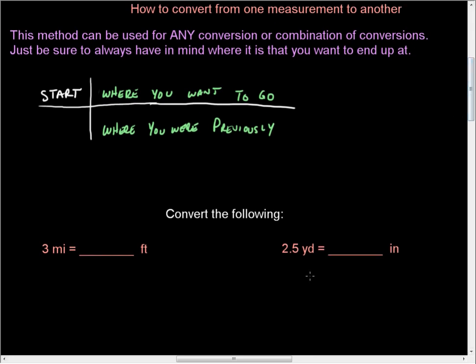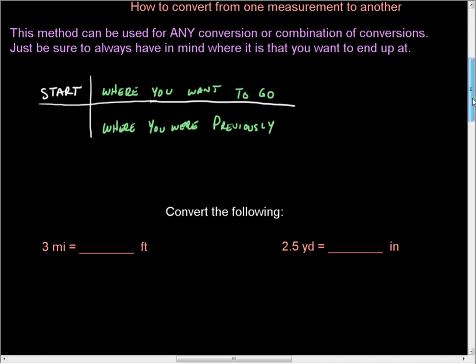Everybody does this very similarly, but we all might tweak it just a bit. I prefer the particular method that you see above only because it's very easy to daisy chain them. And when I get done, I multiply across the top and I divide across the bottom, and it's just easy.